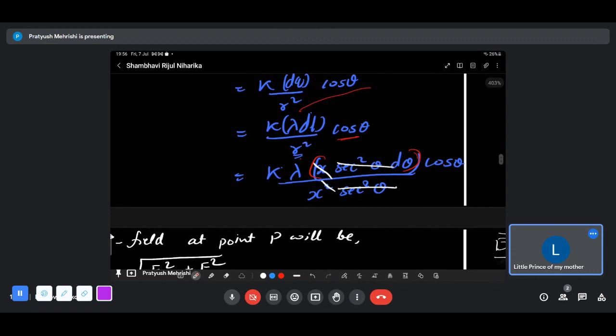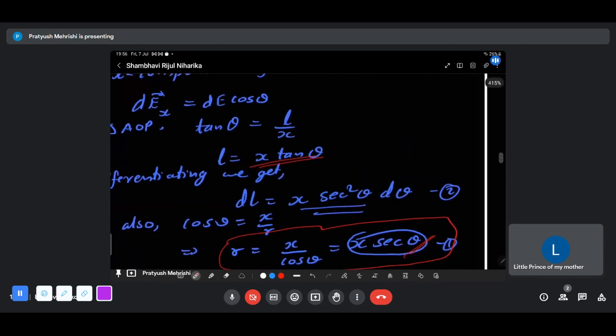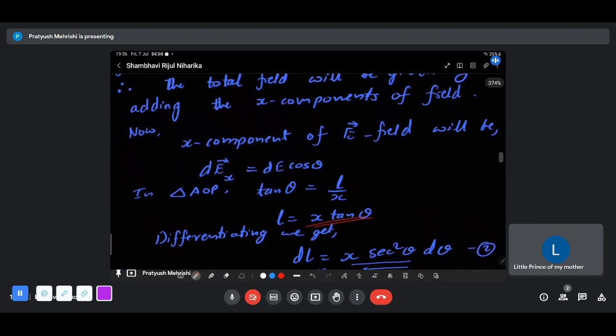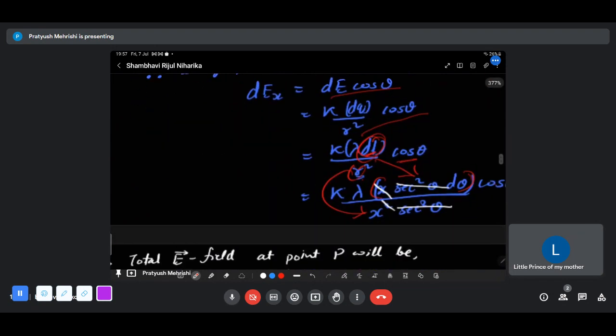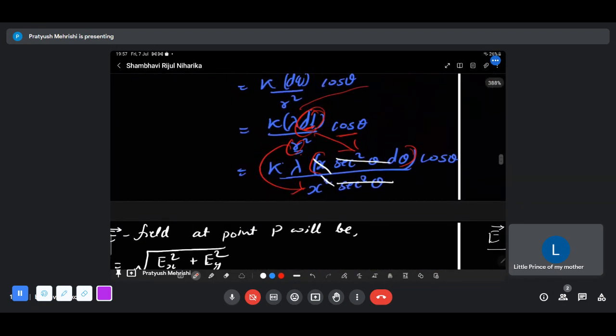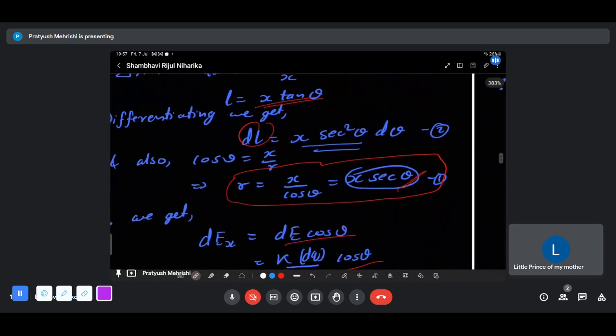See this? Instead of dl, I am writing this. Instead of r, I am writing this. dl we calculated from here. dl is x sec square theta d theta. And what is r? r is equal to x sec theta.